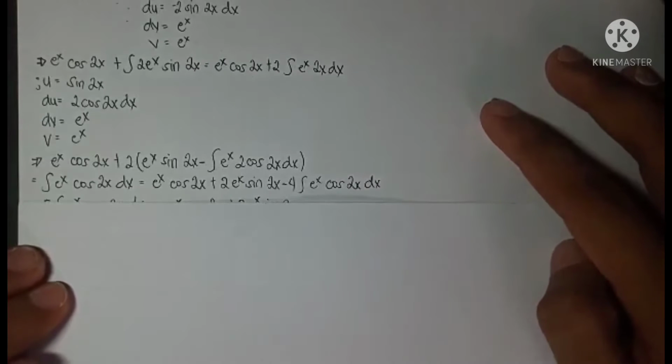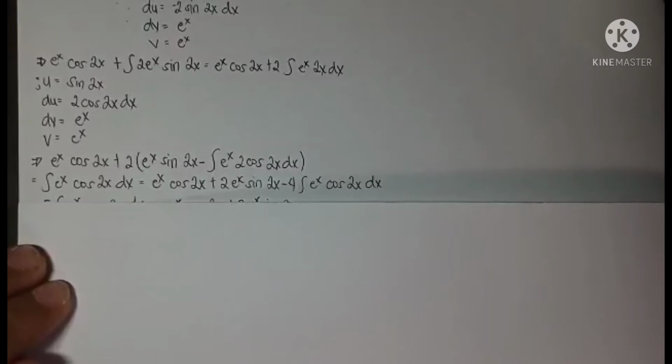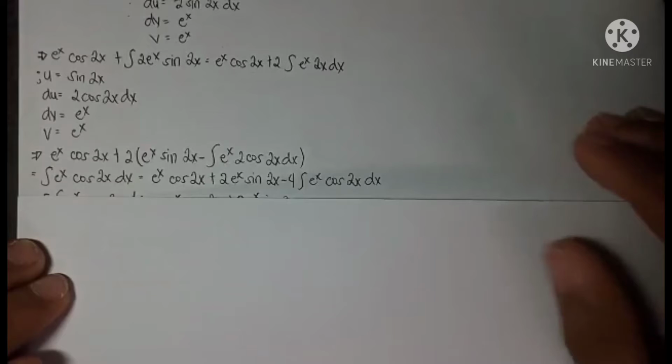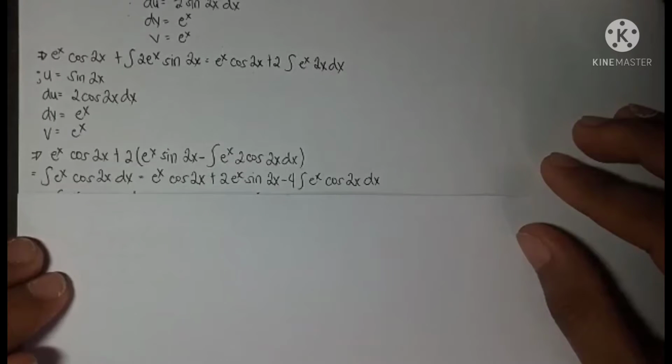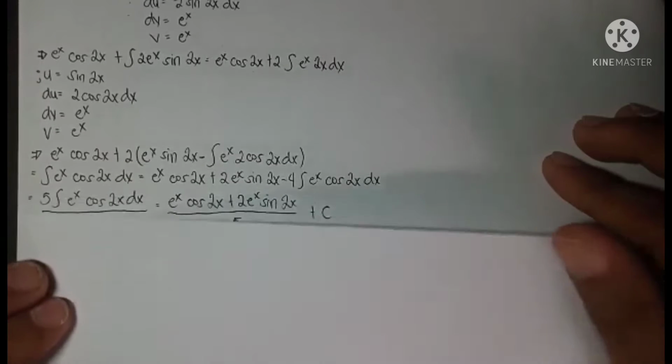So the integral of e raised to x cosine 2x dx is equal to e raised to x cosine 2x plus 2 e raised to x sine 2x minus 4 integral of e raised to x cosine 2x dx.